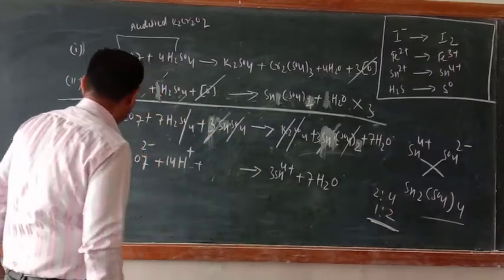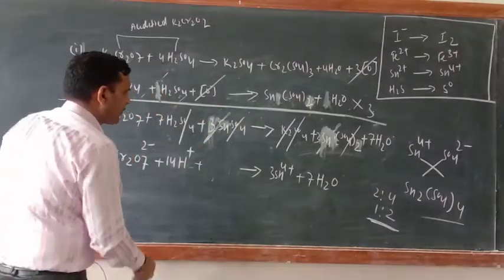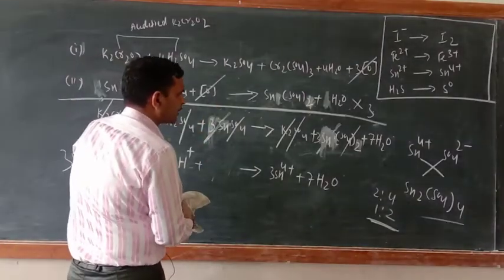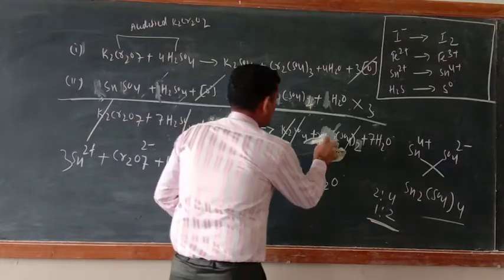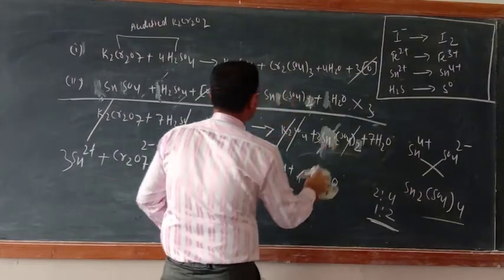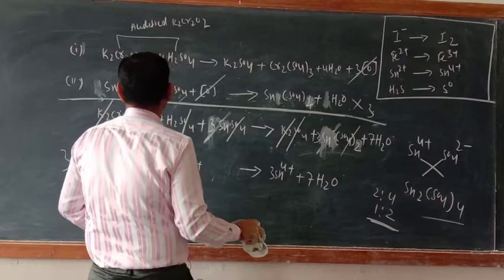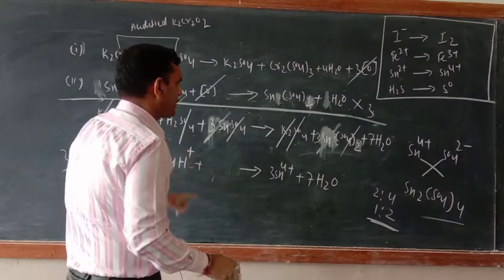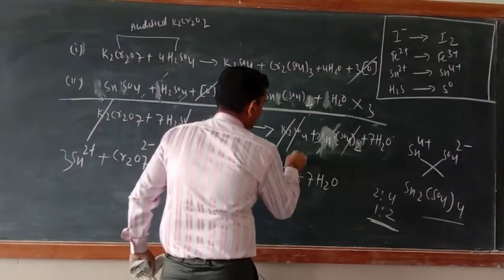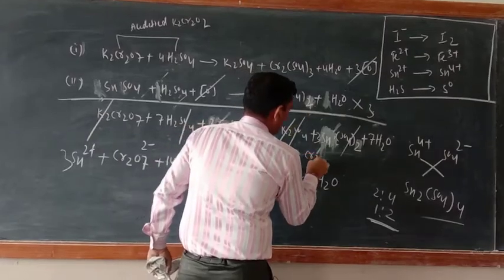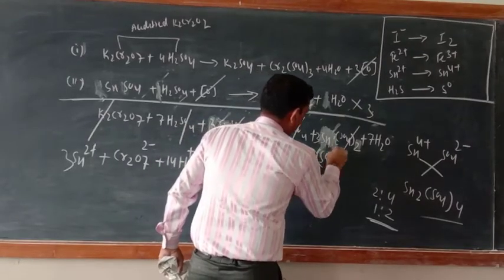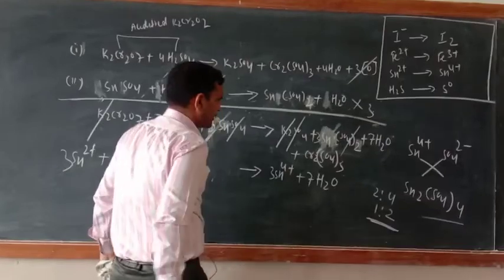Yes. Check this one. Now one more product should be there, that is Cr2(SO4)3. I did not write Cr2(SO4)3. Plus here write Cr2(SO4) whole thrice. This product. Okay.